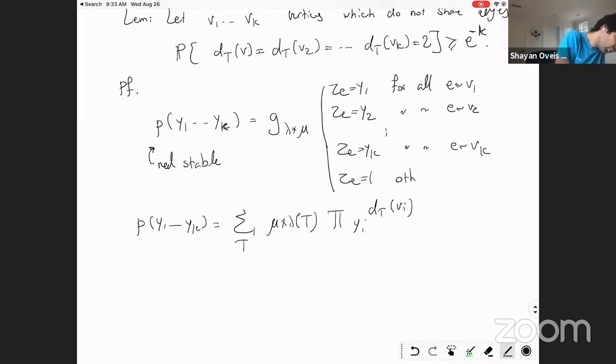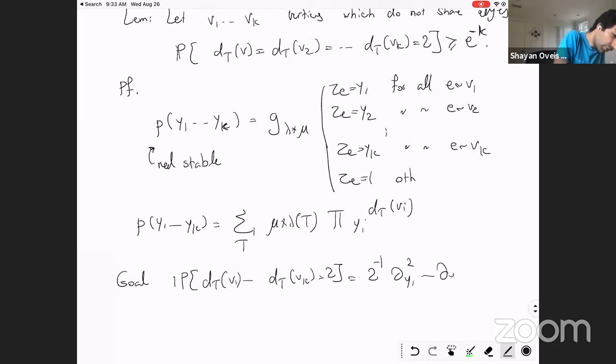Now, the goal is to say that I'm interested in the probability that the degrees of v_1 up to v_k in T are all equal to 2. This is exactly 2 to the minus k times the partial derivative with respect to y_1 squared up to y_k squared of p, evaluated at y equals 0.